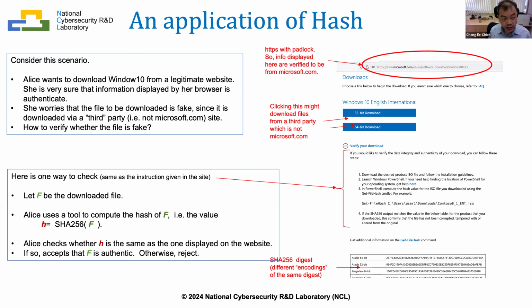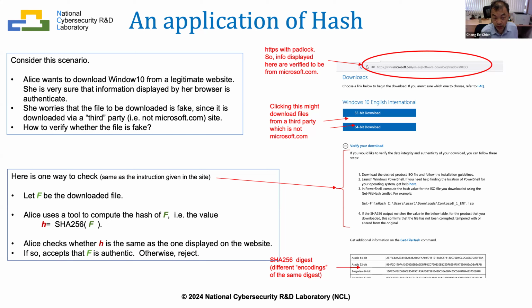There could be a situation that Alice did not actually download this file from the website. She may get it from some CD, or from some USB or some storage, someone passing this file. And now Alice will be concerned whether the file she has downloaded is legitimate, is a correct one.